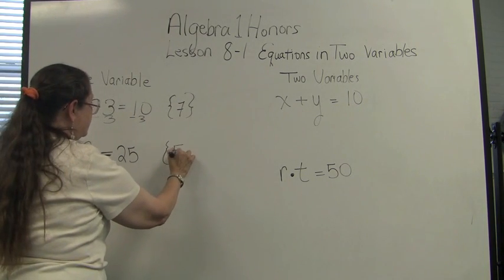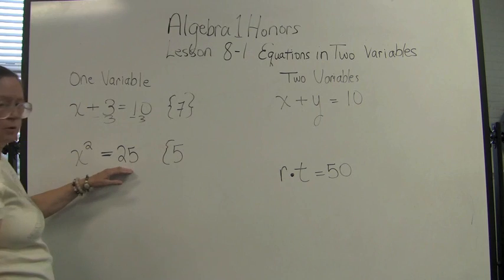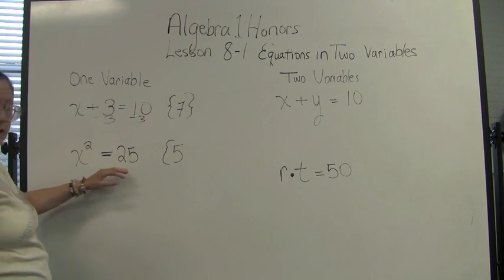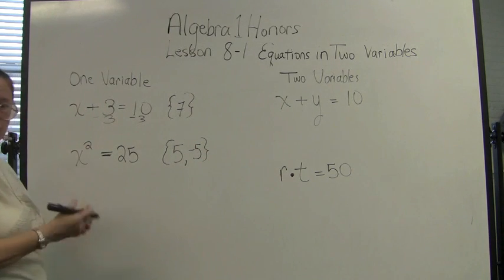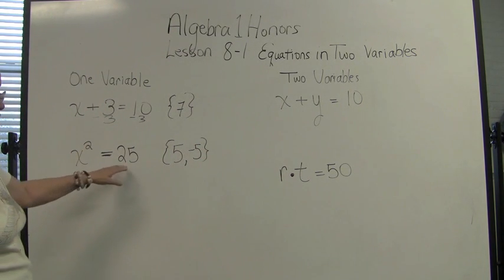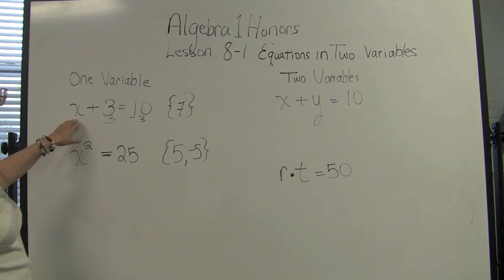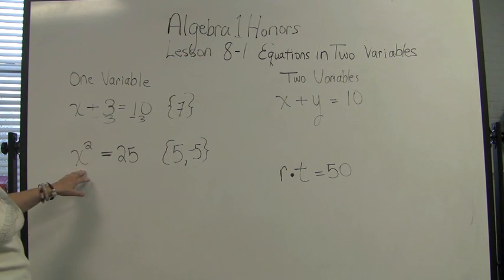Positive 5 squared gives us 25, and negative 5 times negative 5 gives positive 25. So two answers here. With one variable, we might have one answer, we might have two answers. Sometimes we'll have no answers.